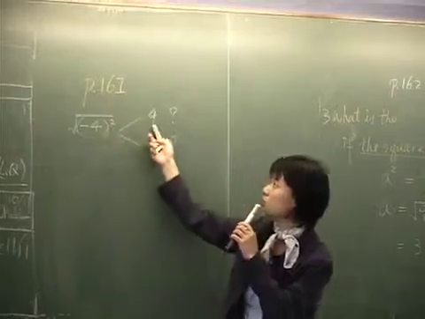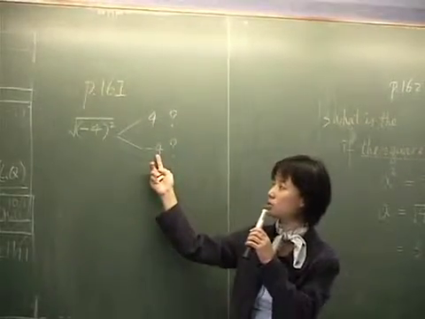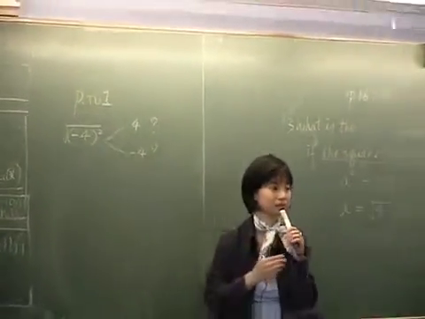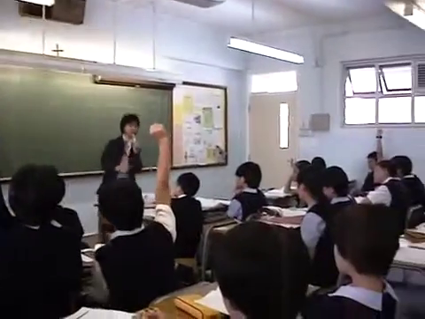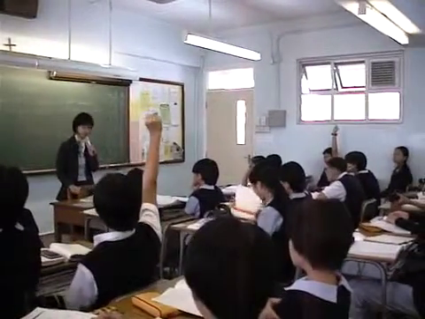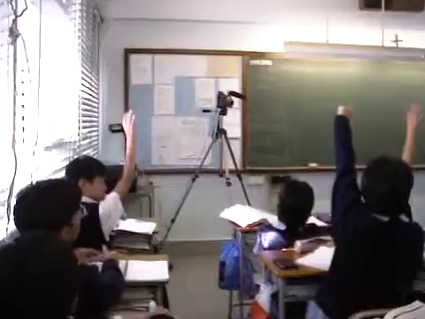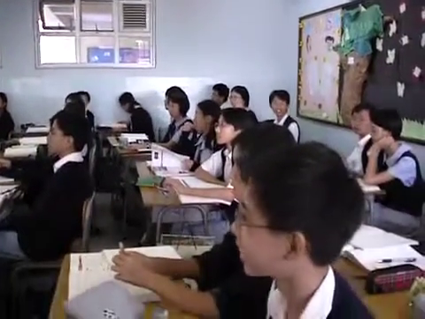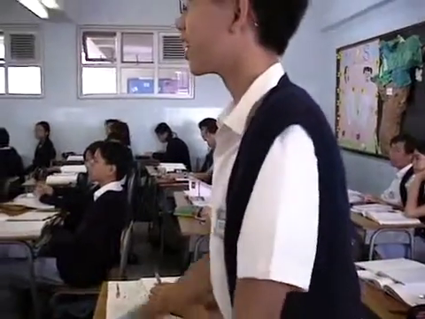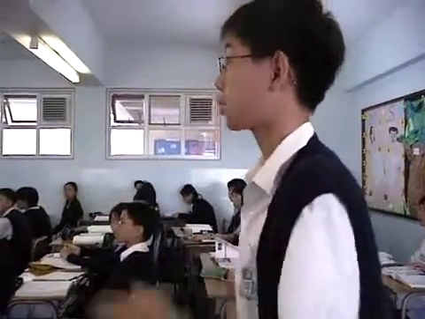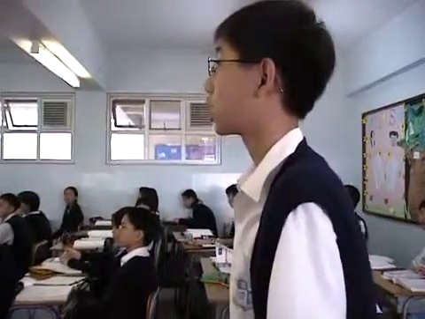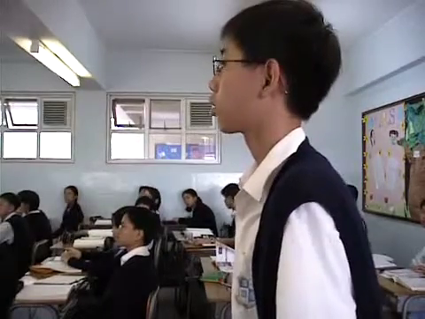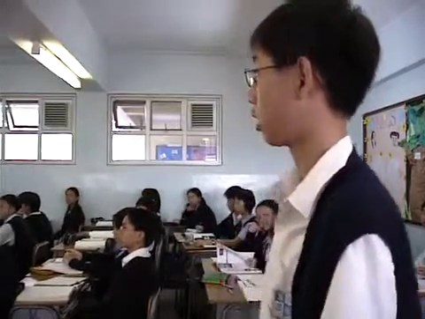Is it equal to 4 or equal to negative 4? Why? Negative 4 times negative 4 is equal to 16. And the square root of 16 is 4. Yes, very good.